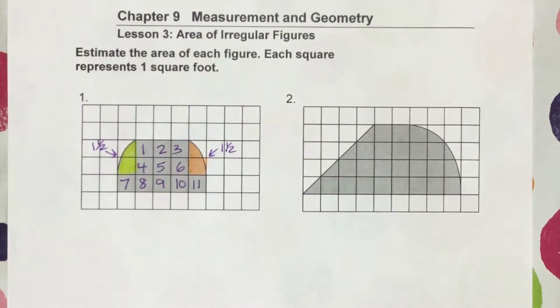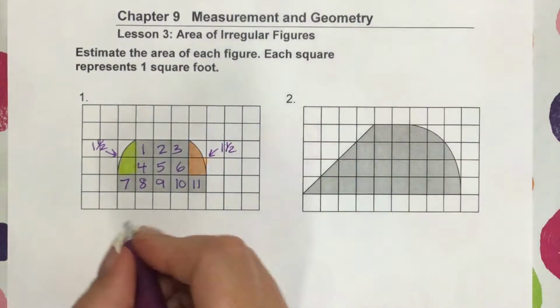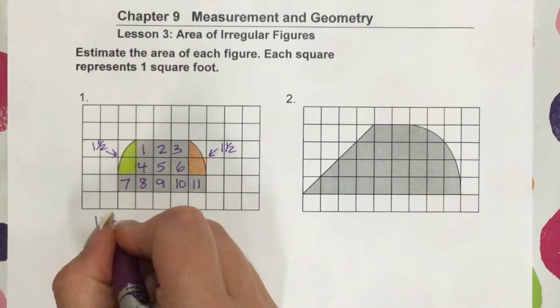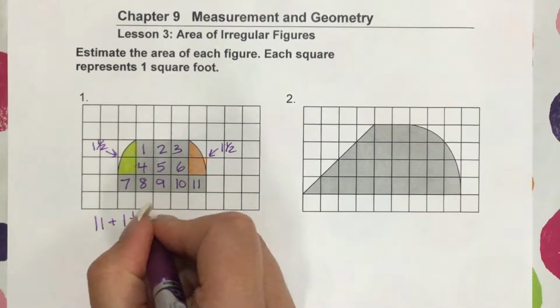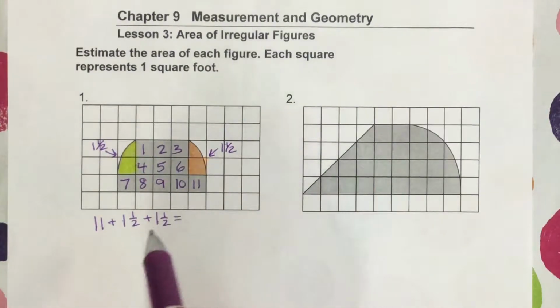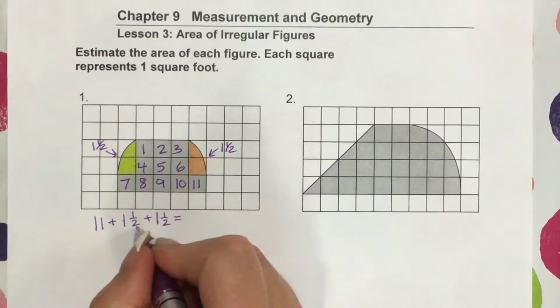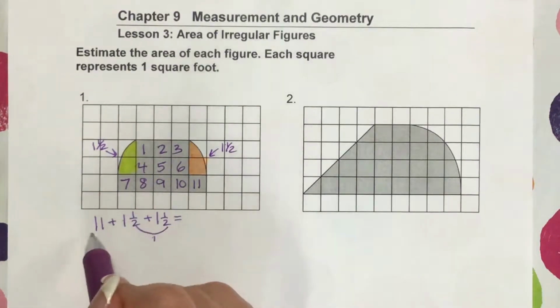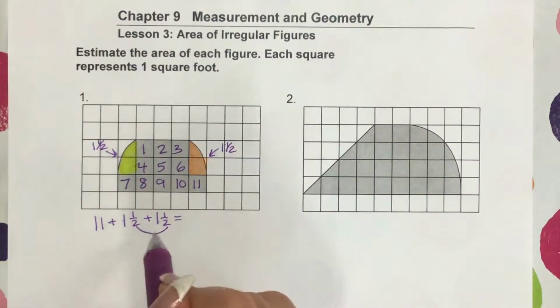So we're just going to go ahead and add up all those values. So we have 11 plus 1 1/2 plus 1 1/2 equals, so the half and the half, that's just going to equal 1. So 11 plus 1 is going to be 12, plus another one's 13, plus another one would be 14.